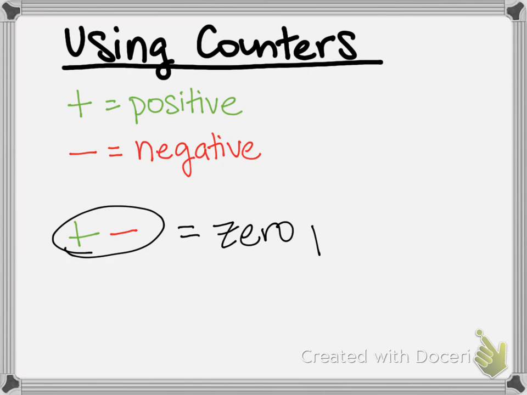And anytime you have a pair of one positive and one negative that you can match up, this is going to create a zero. So these three things are really important for you to be able to add and subtract positive and negative integers.